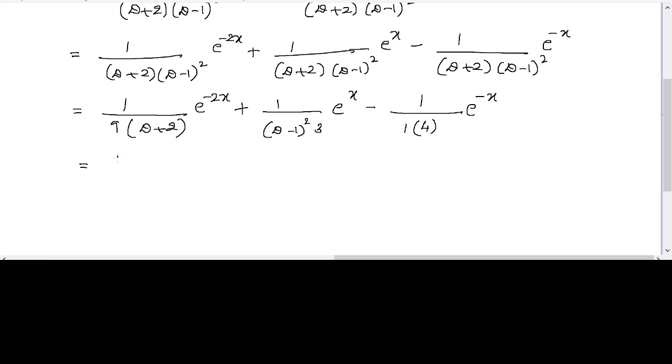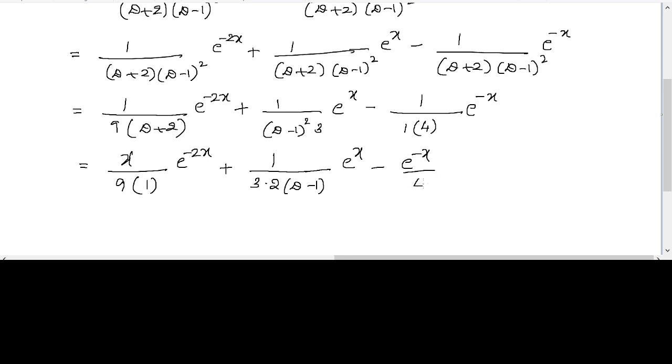So for that we need to multiply by x in the numerator and differentiate the denominator with respect to D. So that becomes 9 of 1 only, e to the power of -2x. Then here also we need to differentiate with respect to D. So 3 into 2 into (D-1) to the power 1-1, 1 only, into the derivative of D-1, that is 1. So take e to the power of x as it is, minus e to the power of -x upon 4.